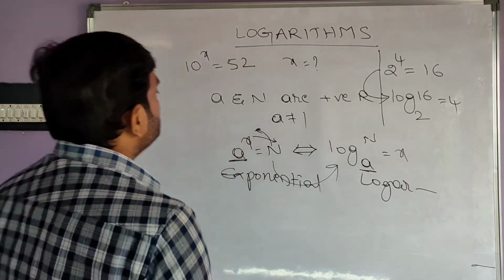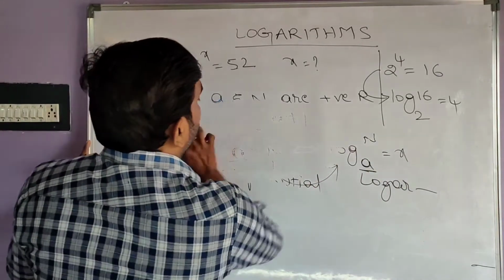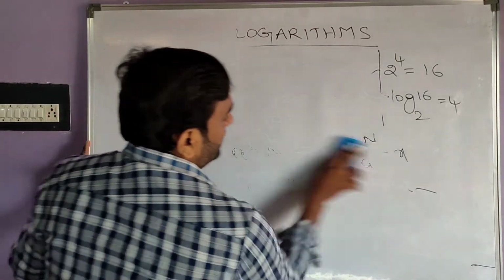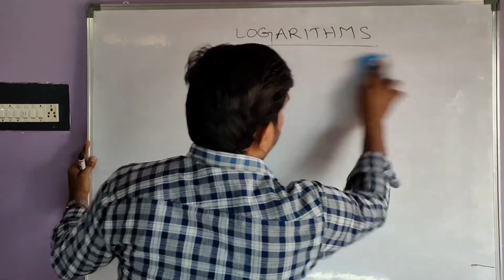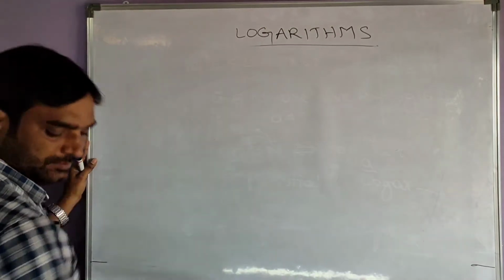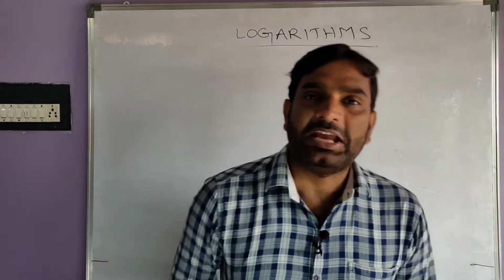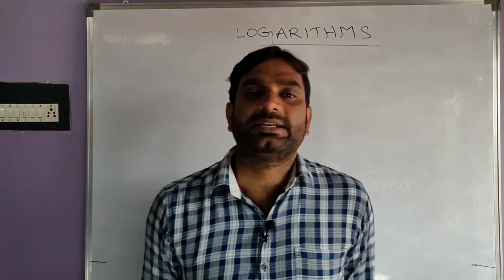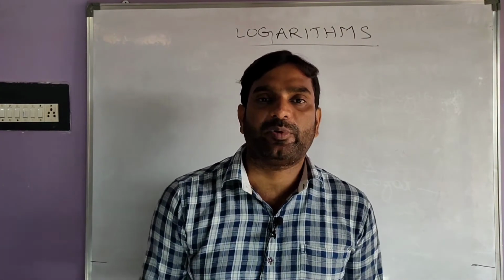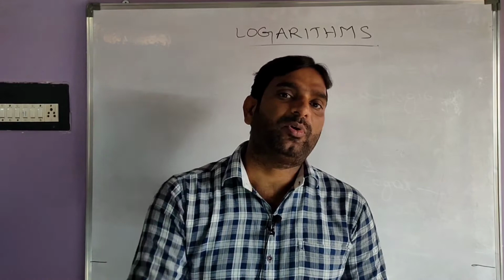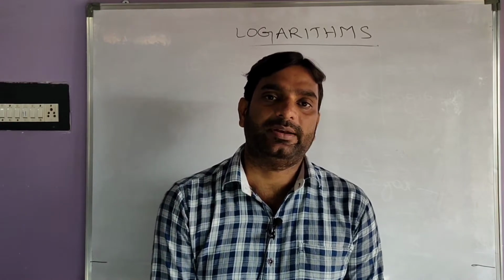Now coming to discuss some properties of the logarithms. We know the laws of exponents: a power m into a power n equal to a power m plus n, a power m by a power n equal to a power m minus n, and a power m whole power n equal to a power mn.